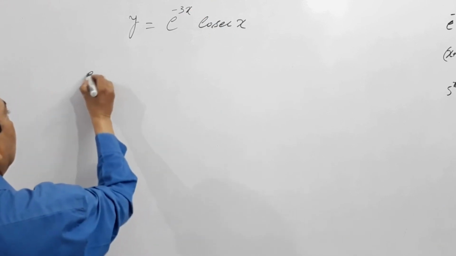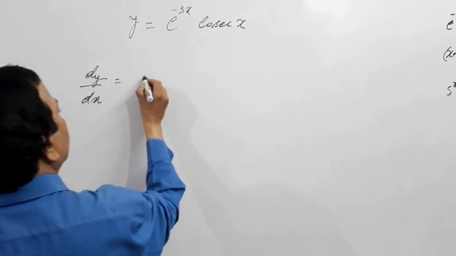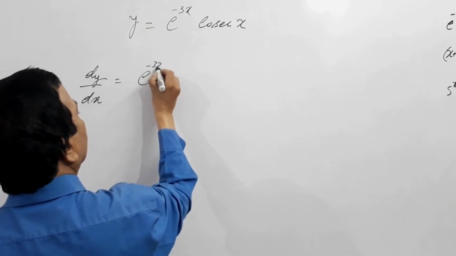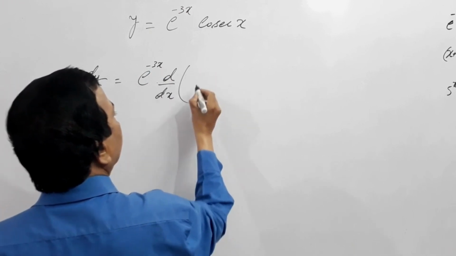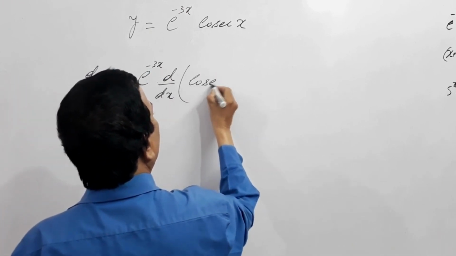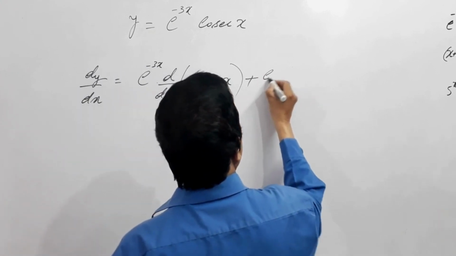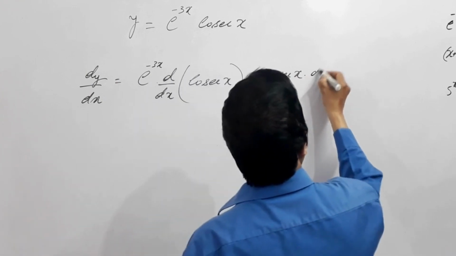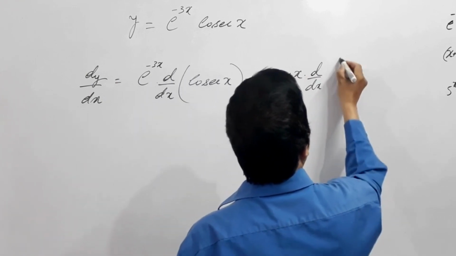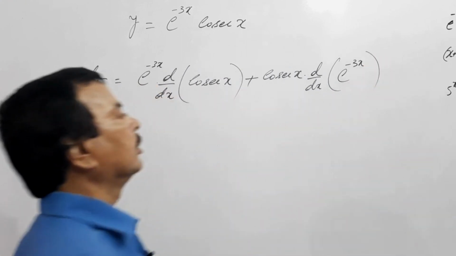So dy by dx equals e to the power of minus 3x, d by dx of cosecant x, plus I'll write cosecant x, d by dx of e to the power of minus 3x.